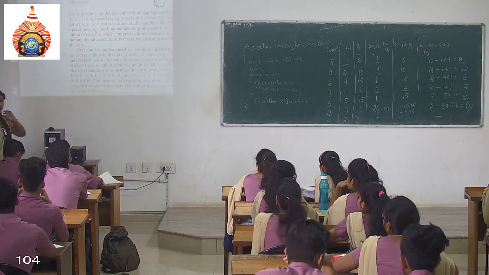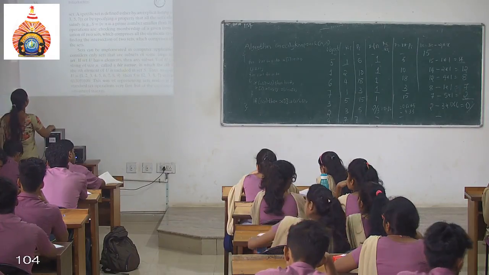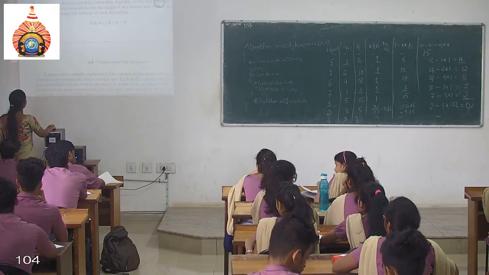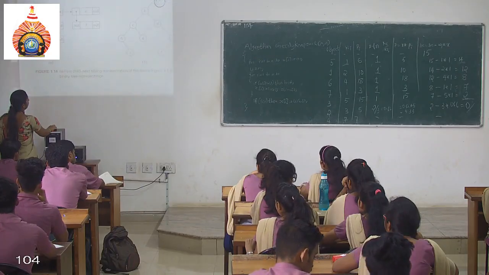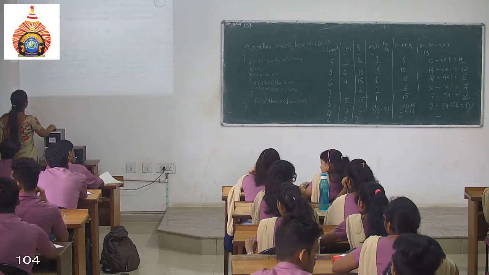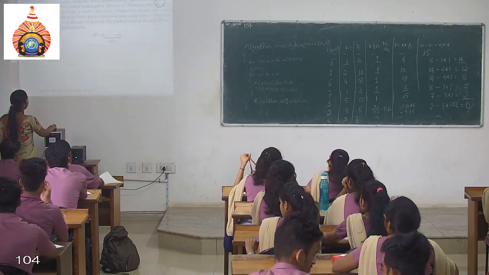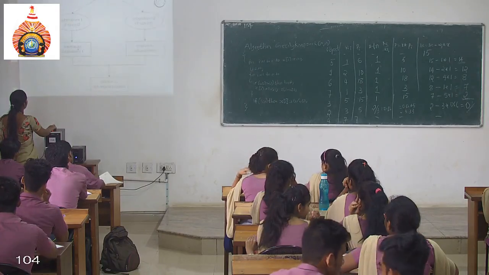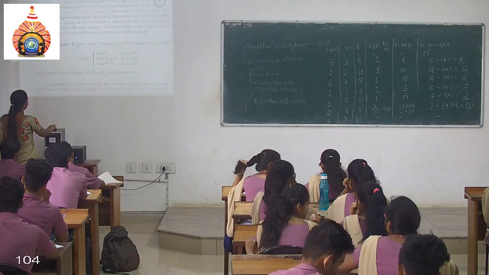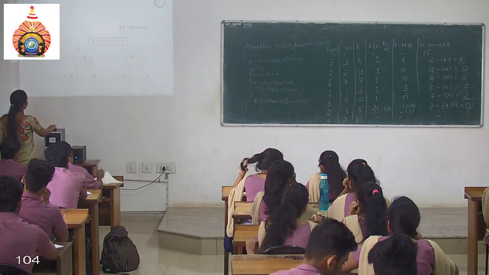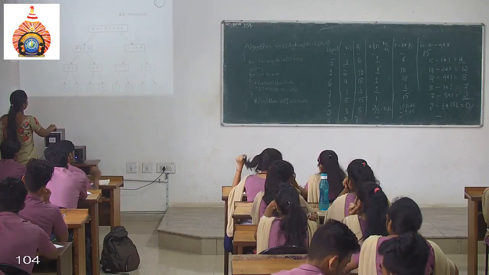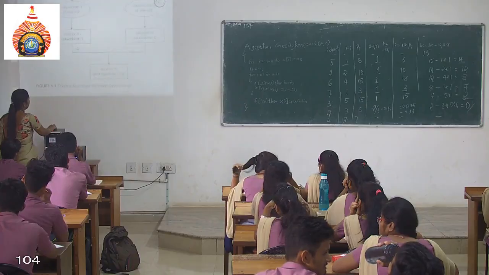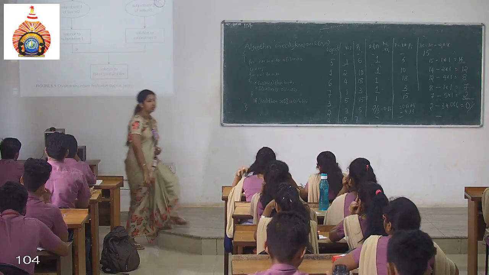Based on what will you decrease the input? What is decrease and conquer?